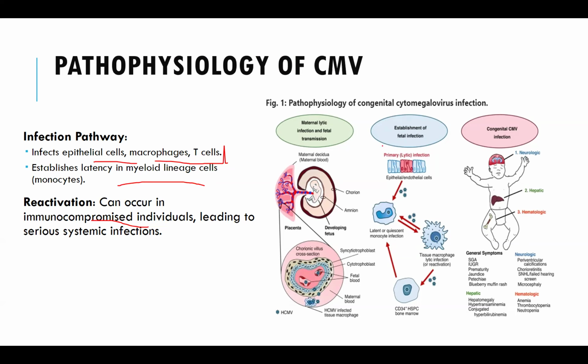So as you can see in this animation, we are trying to show you that when you get a congenital infection with CMV, you can get both neurological issues, hepatic issues, and then also hematologic issues. This is where you end up with anemia. And then for skin, you can end up with blueberry muffin syndrome.